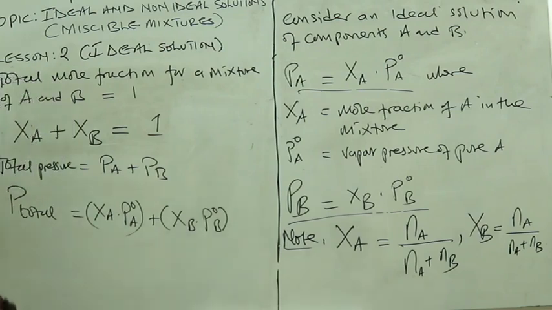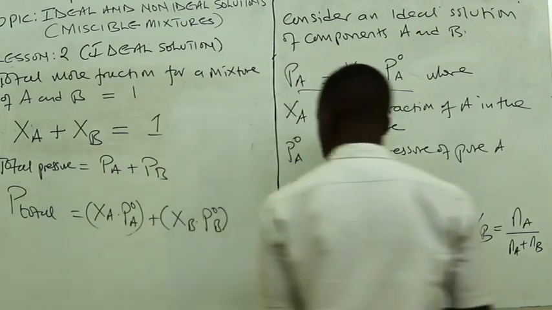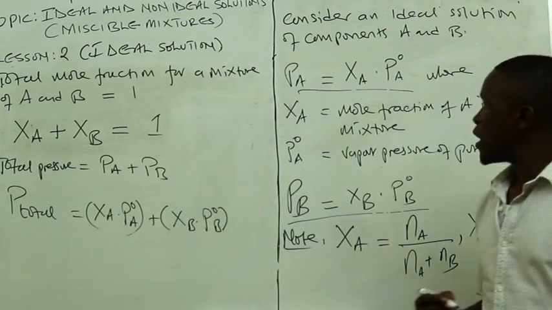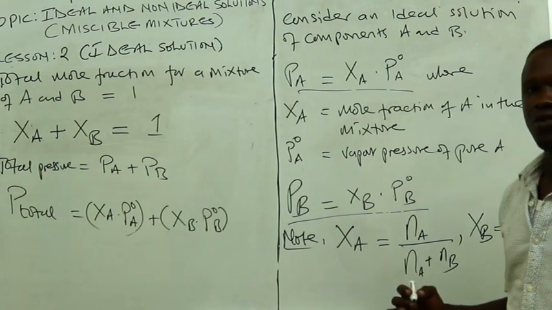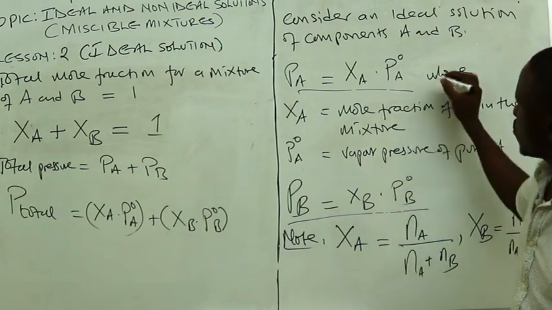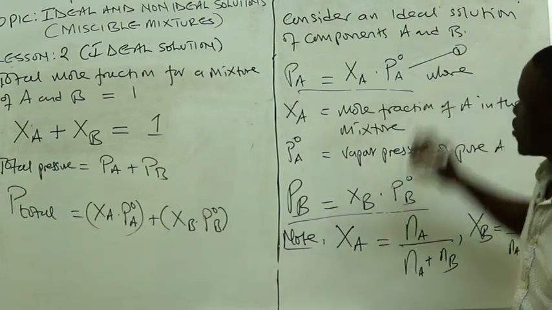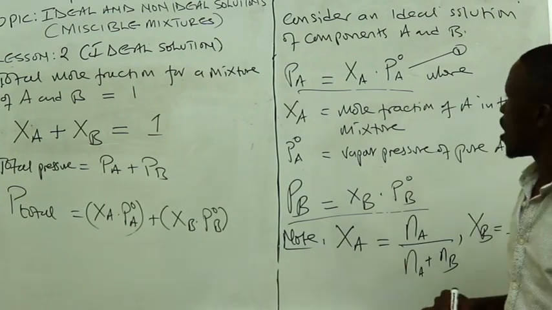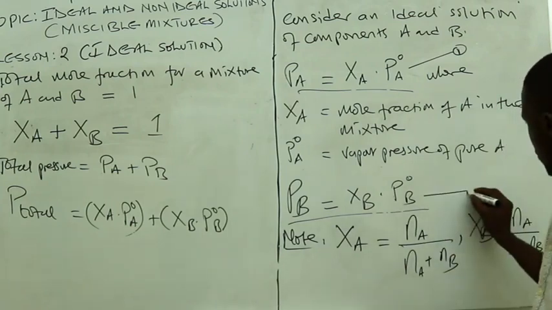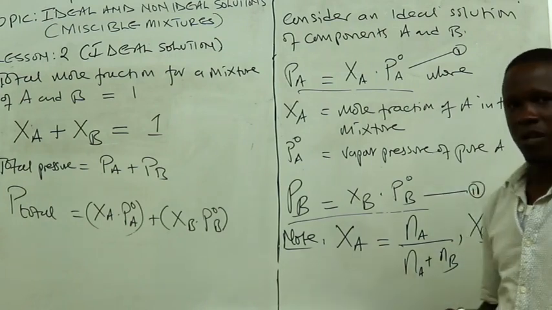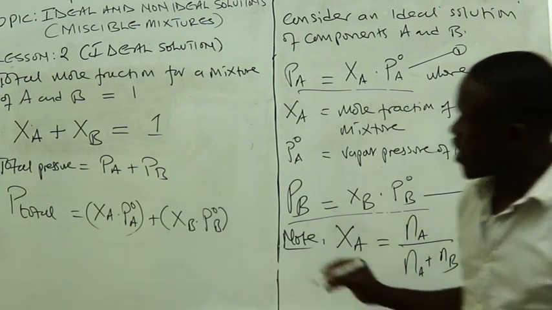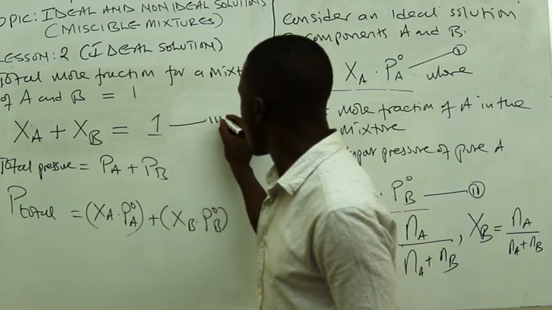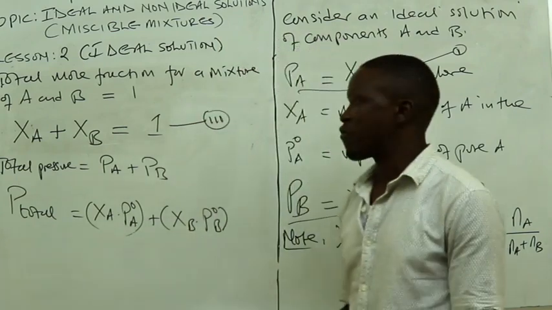And then we are saying that these different equations that we see can be used for us to be able to determine different things that can be asked during any calculations. So we have equation 1, which is determining the partial pressure of A. We have equation 2, which is determining the partial pressure of B. And then we have equation 3, which is determining the total mole fraction.